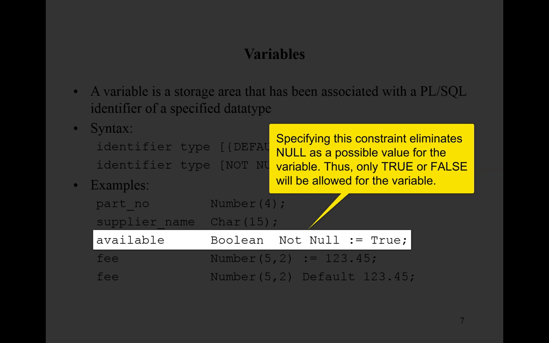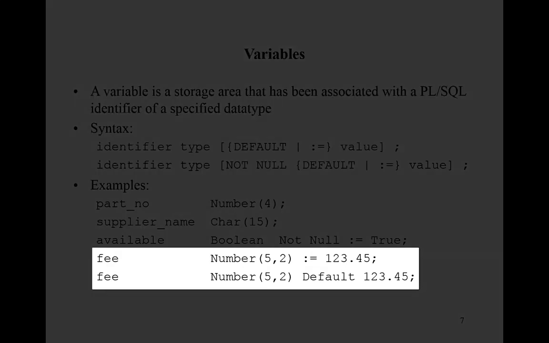In this case, the only values available would be true and false. The last two declarations are different ways of specifying that initial value. There's no difference between them in terms of the effect. We could either use the assignment operator or we can use the word default, and it makes no difference in the end.